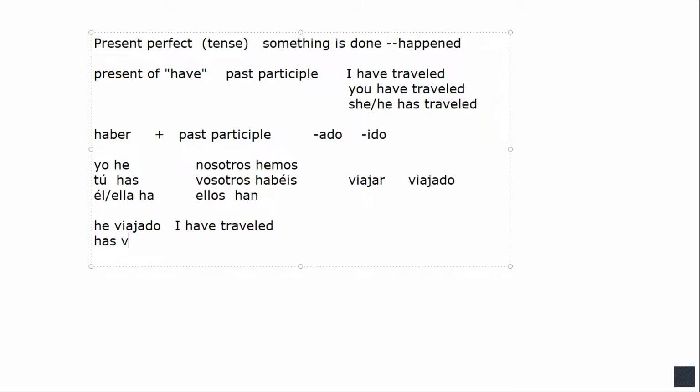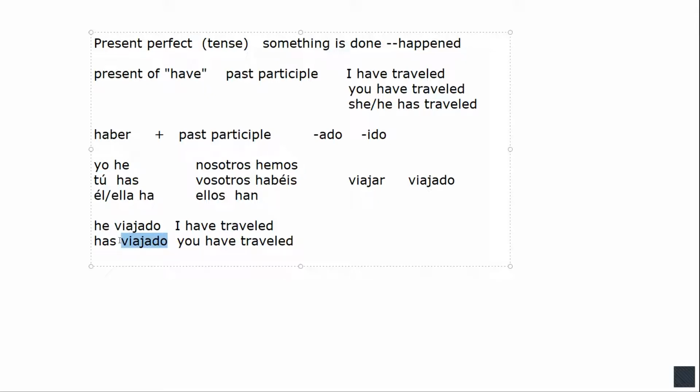Has viajado, you have traveled. Oh, and look, viajado is always viajado. What gets conjugated is this verb up here, haber. This ado thing is always ado, no matter who does it.